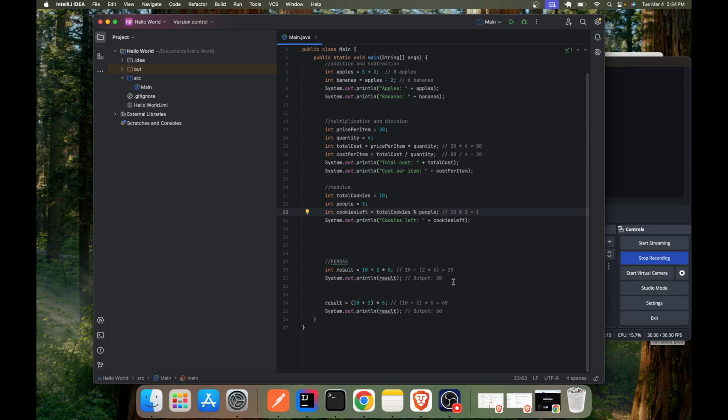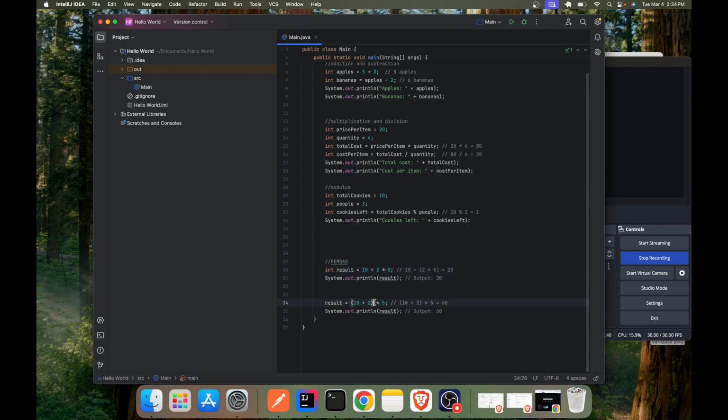There's different functions that maybe we'll cover at a later time. And then multiplication, division, addition, subtraction. So if you have 10 plus 2 times 5, and if you thought it would equal 60, actually, first it multiplies and then it adds. So you get 20 as the result.